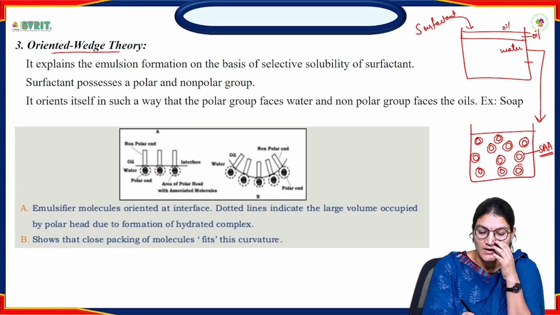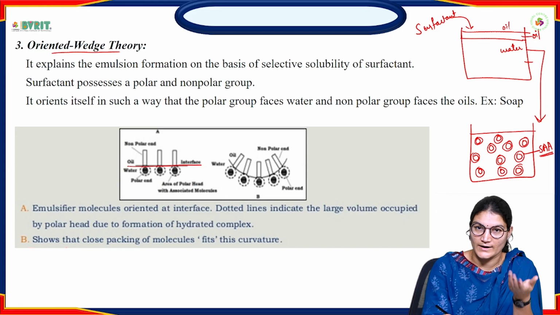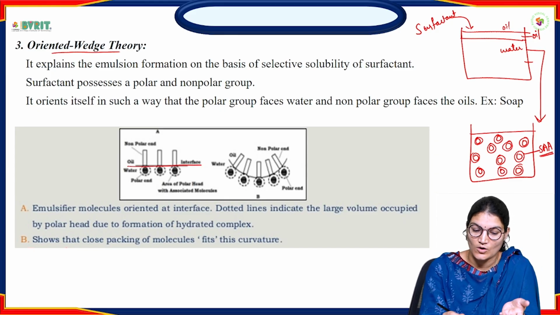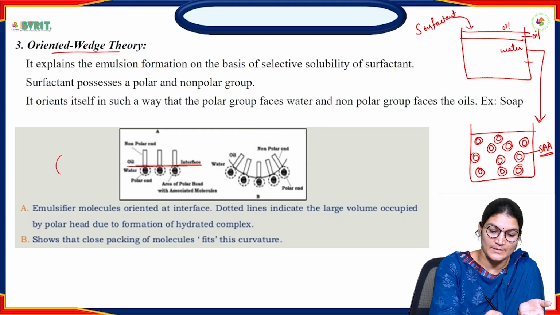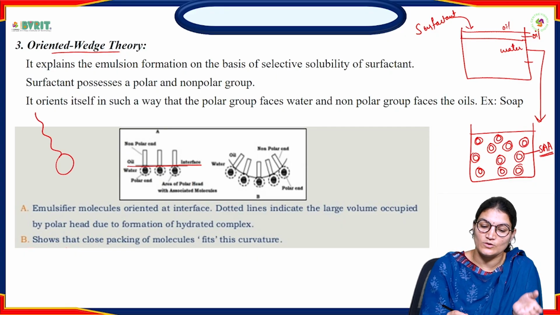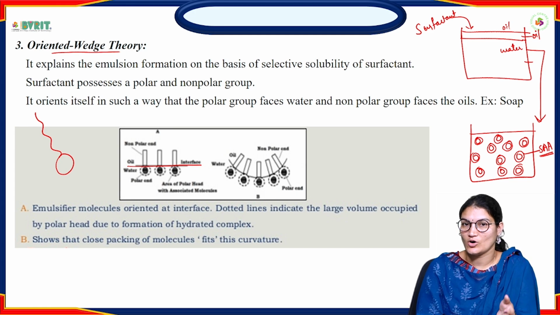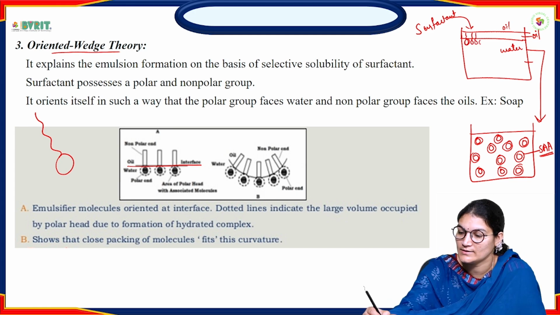Here you can see at the interface, if you add a surfactant, obviously a surfactant is made up of a polar head and a non-polar tail. So when you add it to the water and oil system, the head is occupied in the water and the tail is occupied in the oil.